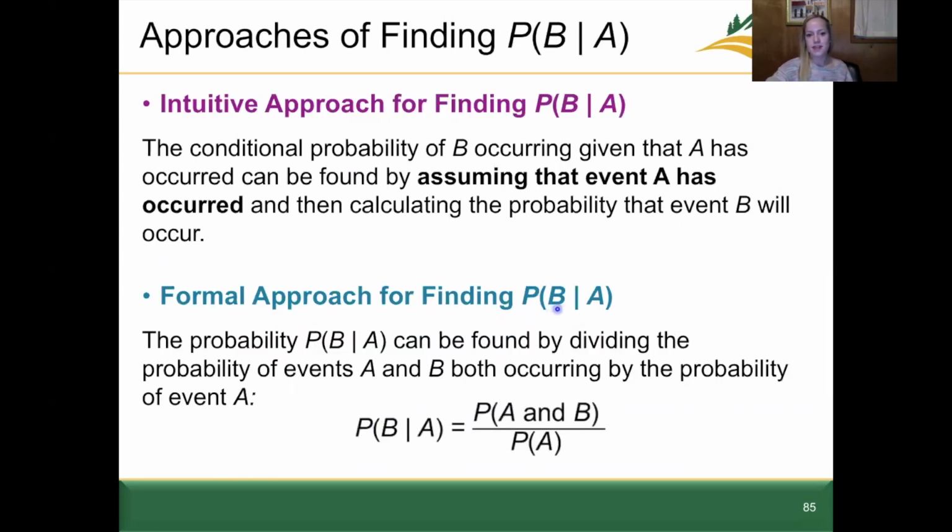Going back here to this slide, we're going to compare the ease of the intuitive approach versus the formal approach. Recall for the intuitive approach, we needed to take one number divided by another number, and then we were done. For the formal approach, we needed to figure out this, and then divide these, and then we were done.